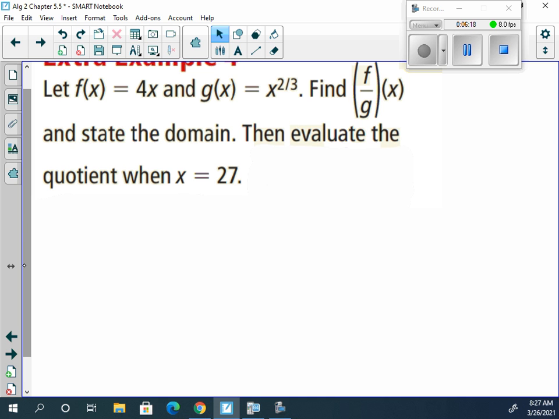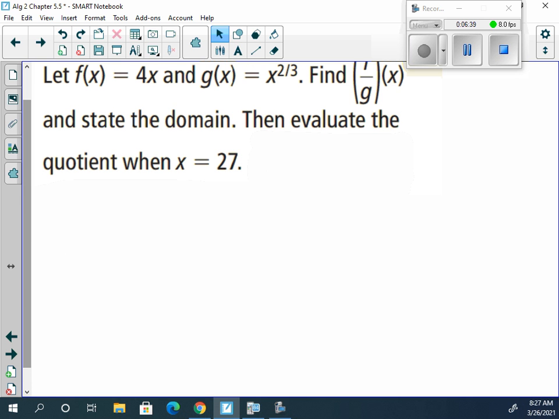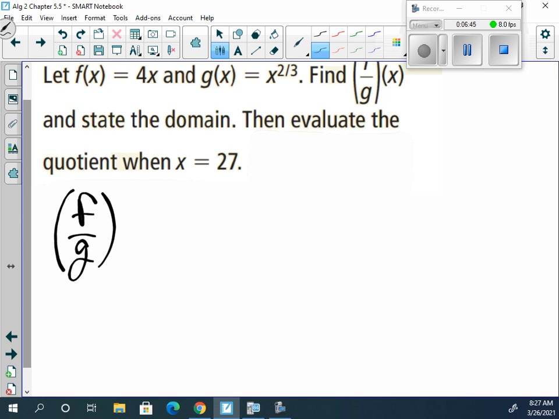And we have some more division here coming up again. All right. Let f of x be 4x and g of x be x to the 2/3. Find f divided by g of x and state the domain. Then evaluate the quotient when x is equal to 27. So again, what we're doing is f divided by g of x.